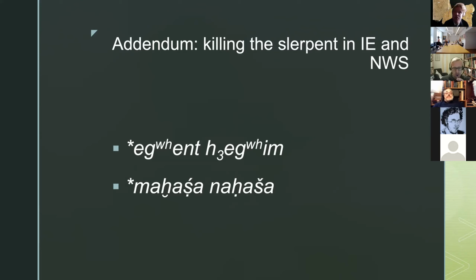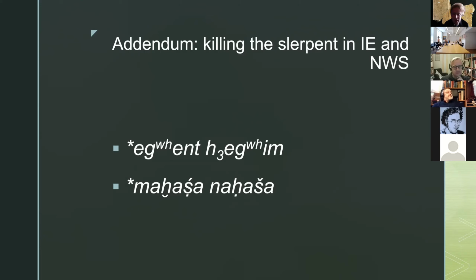A very famous Indo-Europeanist called Calvert Watkins reconstructed an Indo-European phrase meaning he slew the dragon, and he reconstructed it as Egwent Ogwim. You don't have to know why he did that, but he did.